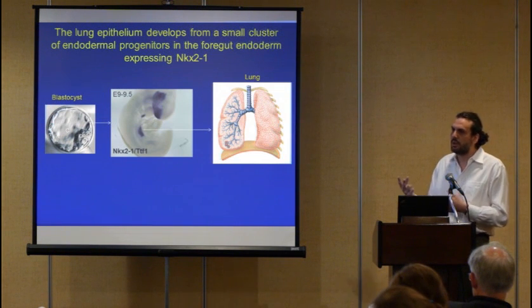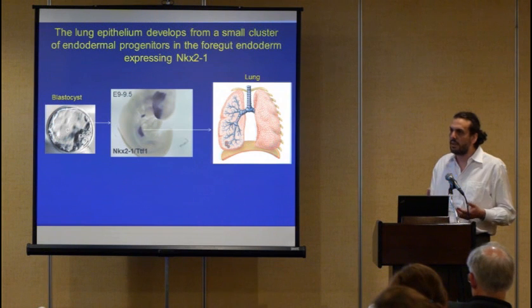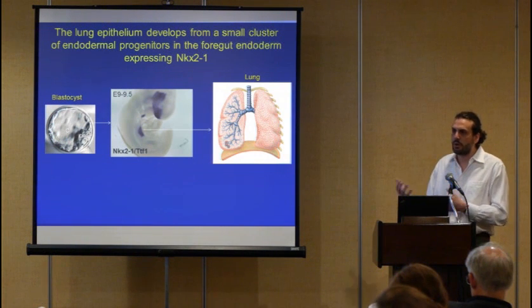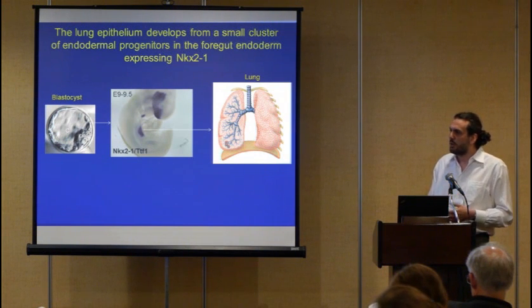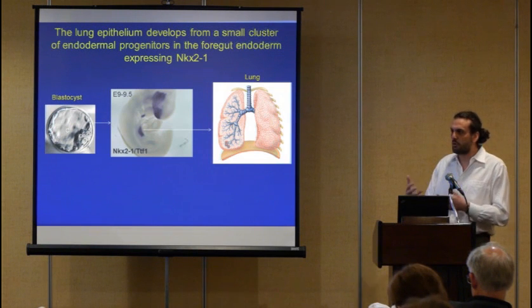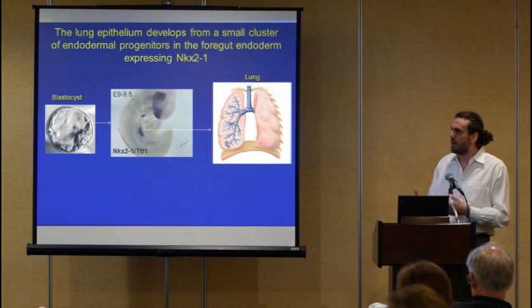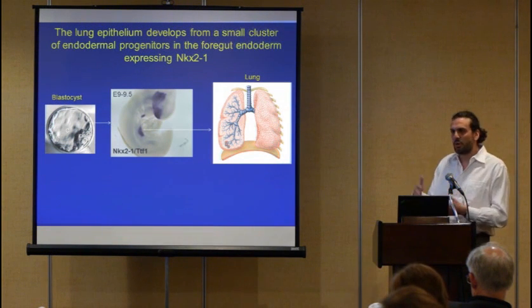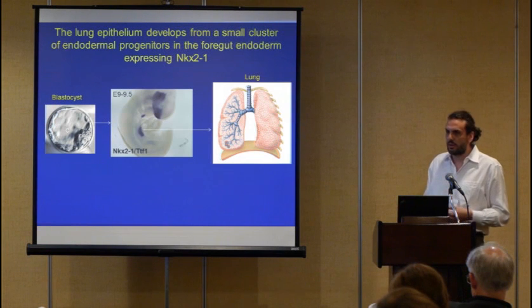As each gene has two alleles, one will express NKX2-1 and the other one will express GFP. So when NKX is expressed, we will also see expression of GFP. And that makes our life much easier because then we can look at the microscope and see green cells, and we know they express the protein we are interested in.